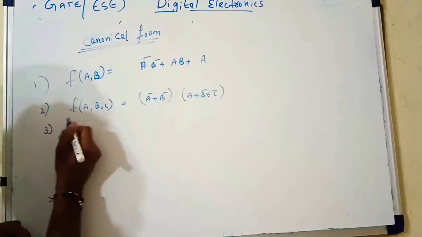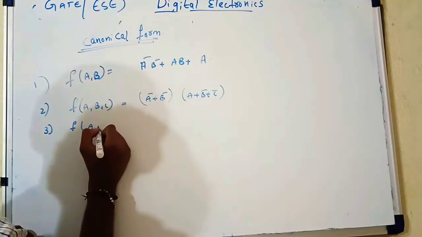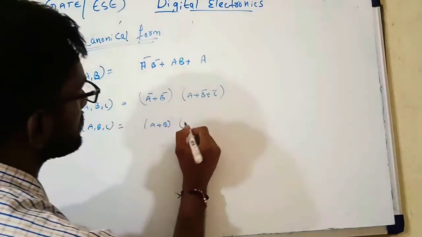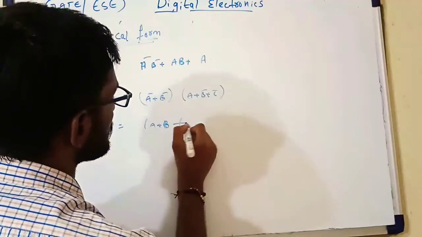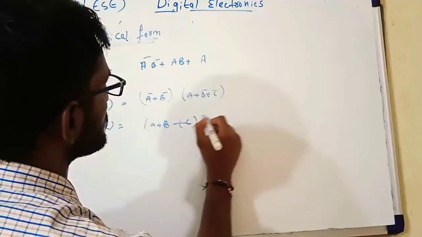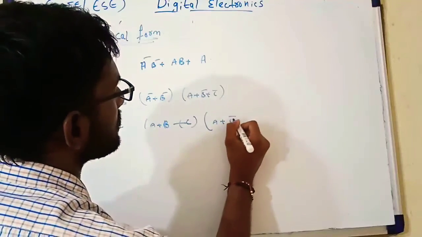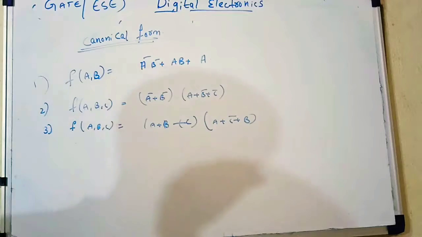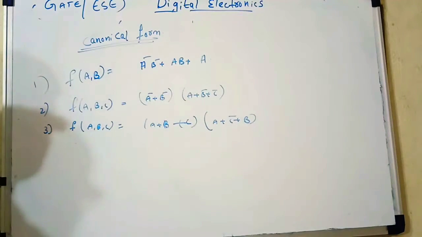And the third example is F of A, B, C equals (A plus B) into (A plus B plus C) into (A plus C bar plus B). Here these are the 3 given expressions.